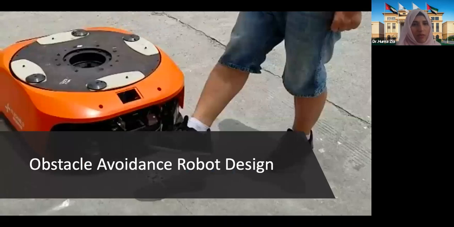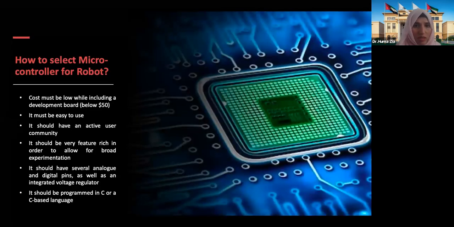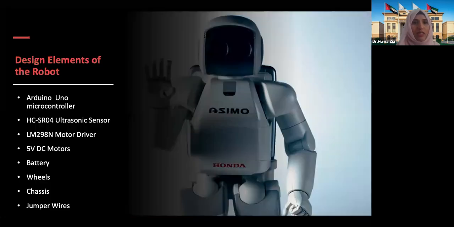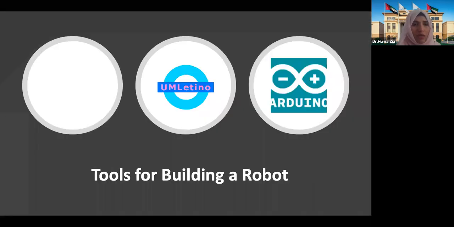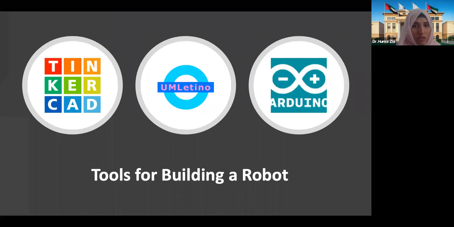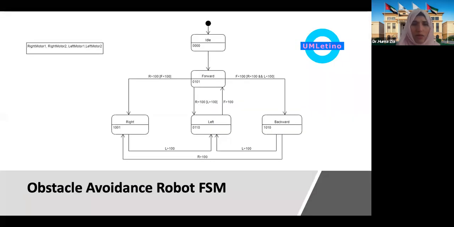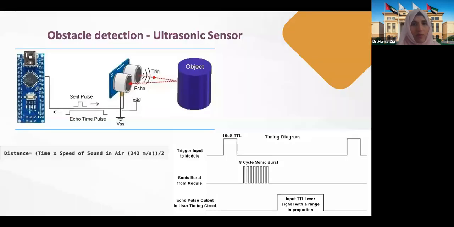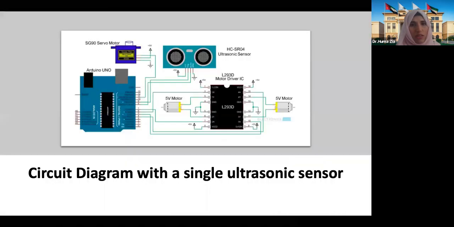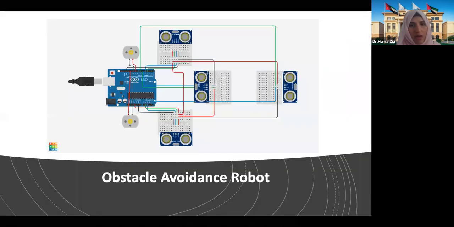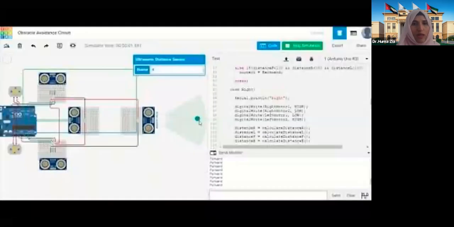And then, I briefly talked about this obstacle avoidance robot and how to build it. This is a simple one with one ultrasonic sensor. Then I talked about the tools that you require for building a simple robot, a simple FSM, a little bit about the ultrasonic sensor, and the hardware diagram. I showed you the code as well.